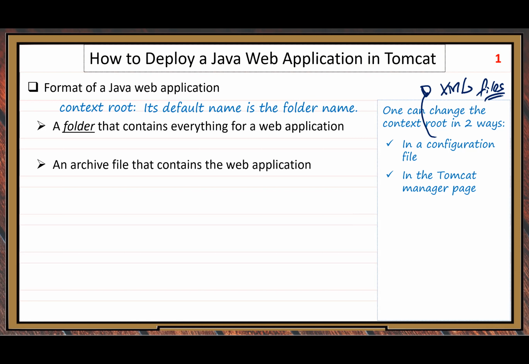But here we use a special archive file called a WAR file, W-A-R, Web Archive file, special for this purpose. Java web application WAR file, with the .war extension. So these two are the popular ways we can manage our Java web applications.